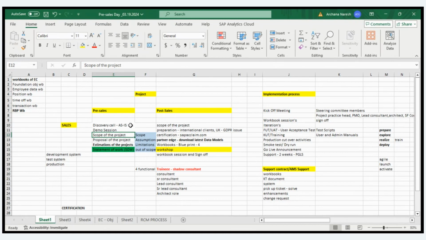So scope of the project includes four components. What is in scope, what are the assumptions, what are the limitations, what are out of scope. So you will clearly say out of scope means it is not considered at all. You say global benefits is not there, timesheets is not there, which means it is not there. Okay. And in scope, whatever is being discussed, what is required for them is in scope.